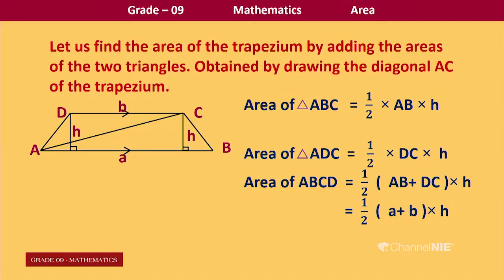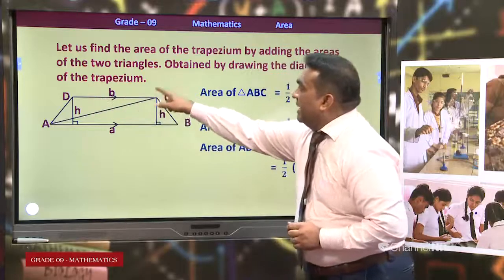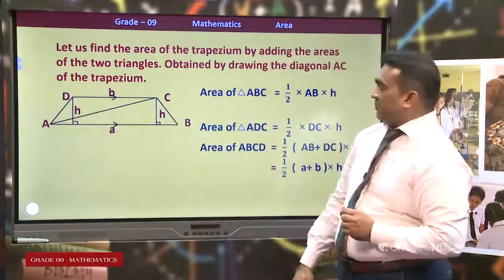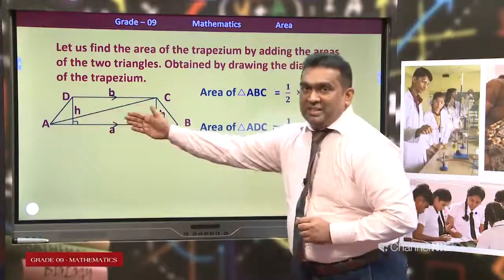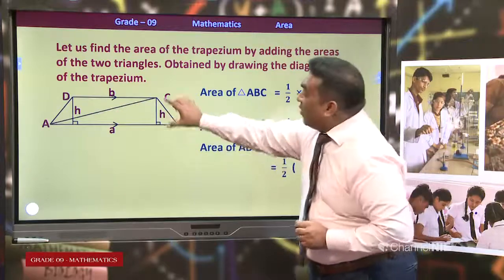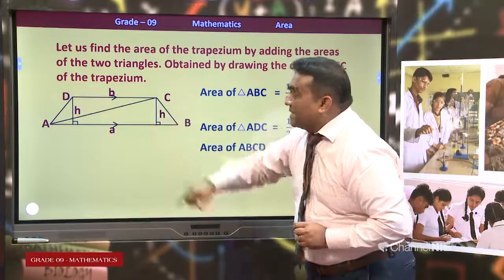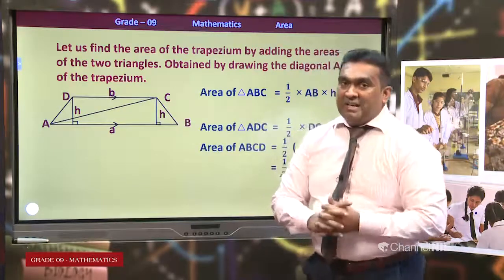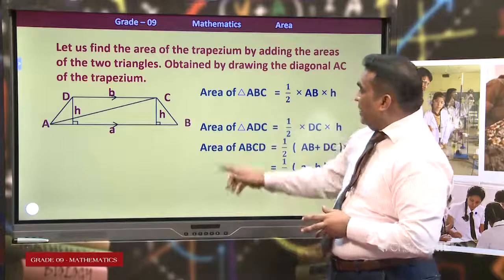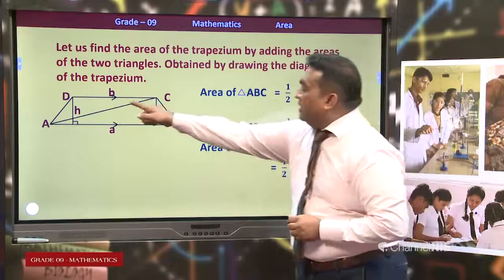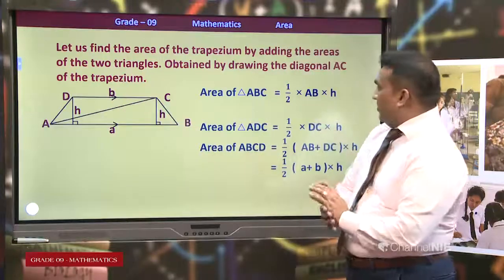If you consider triangle ADC, you can see that DC is the base, and this is the perpendicular height h. h is constant, the gap is constant, it doesn't change because AB and CD are a pair of parallel lines, right. Now, area of triangle ADC is equal to half into DC into h.